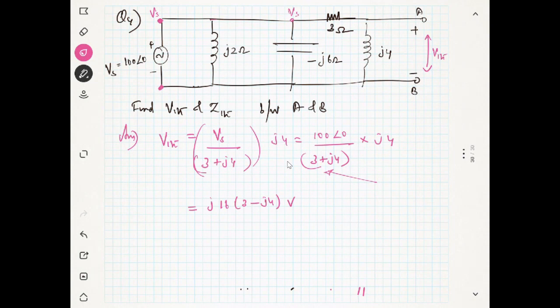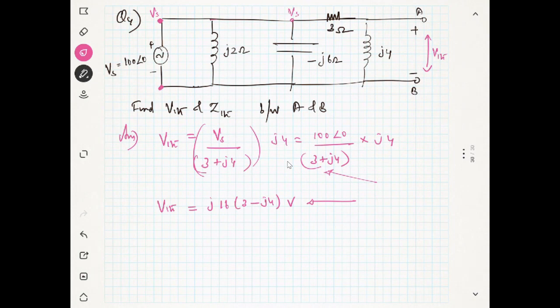You can see this is in Cartesian rectangular coordinates. You know rectangular coordinates and polar coordinates, I hope so, right? Yes, so this is the VThevenin. Just simplify this by using polar coordinates. I am not going to spend the time for this now. If you have doubts, inshallah I will clear them later.